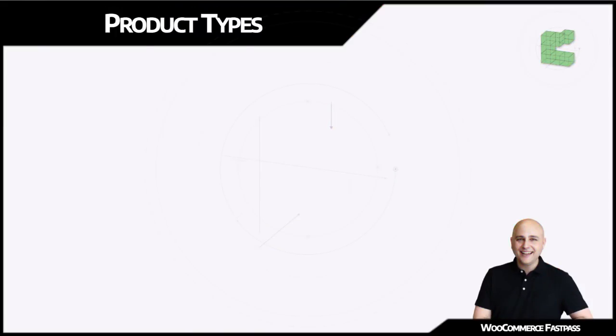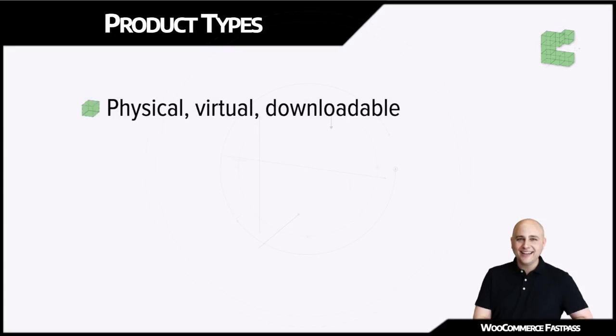So let's go ahead and take a look at the different types of products that you can have on your e-commerce website. So you can have a physical product. Obviously, that's something that you physically ship. Then you can also have a virtual product. And what that is a product where you're not necessarily delivering a download or something like that. There's nothing being shipped. This would be kind of, say, an appointment.